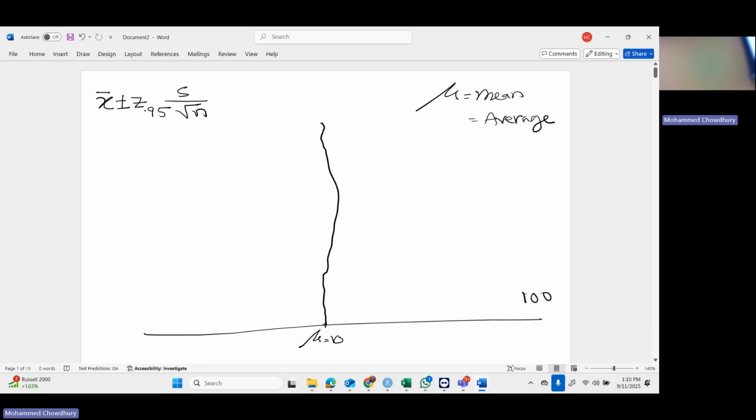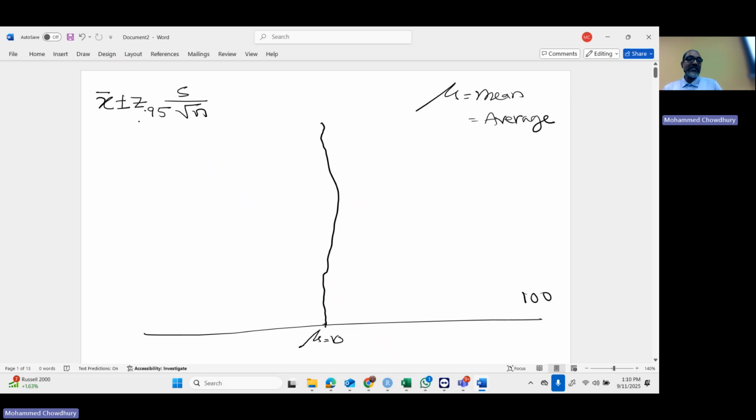In that way you have 100 numbers from 100 students. From those 100 numbers, you can easily compute x bar, right? She computed x bar, and then she computed the standard deviation s. This s is the standard deviation, n equals 100, and this is the 95 value.